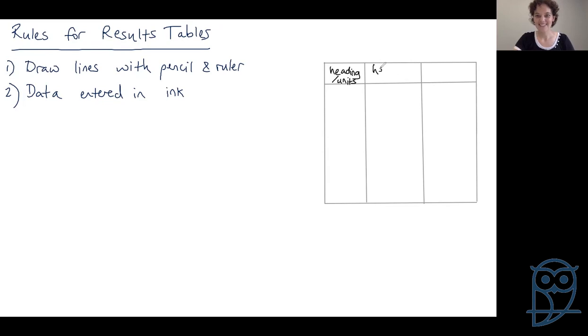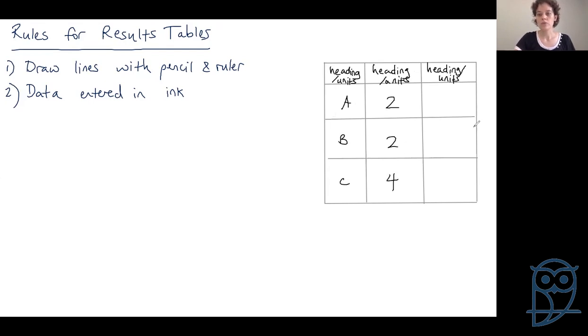Okay, we'll play safe. Heading, units and heading, units. And then let's actually be a little bit more proper with our table. Give him some other cells. Okay. Then let's go A, B, C, 2, 2, 4, and 12, 13, 11. Okay, so our data is there in ink.